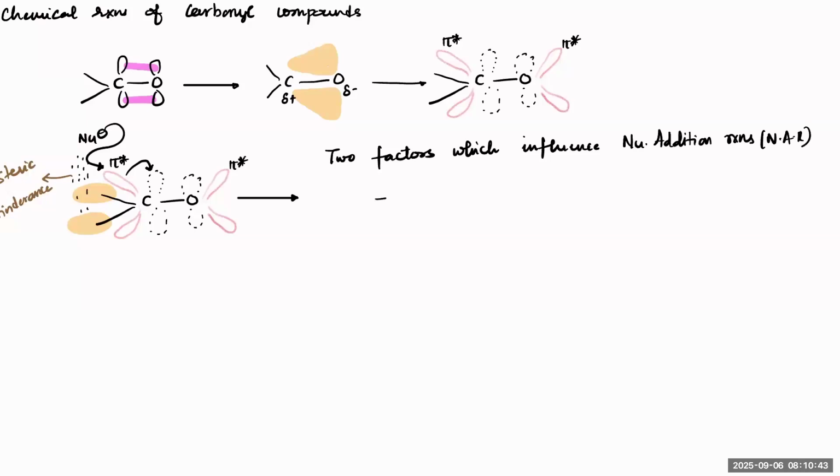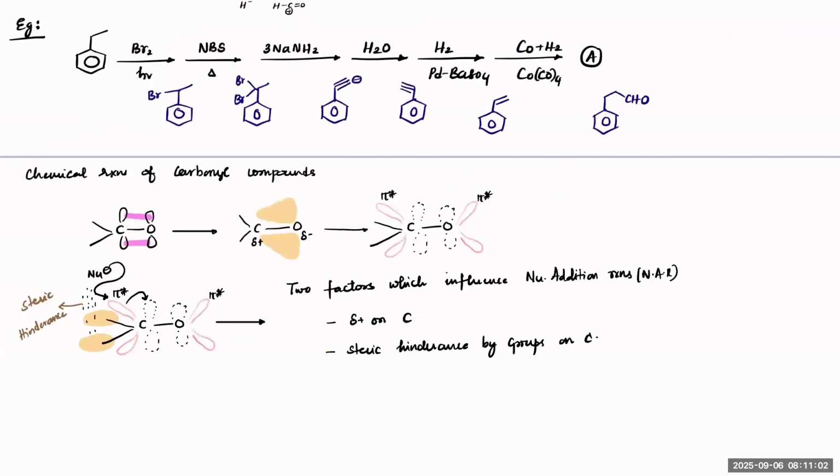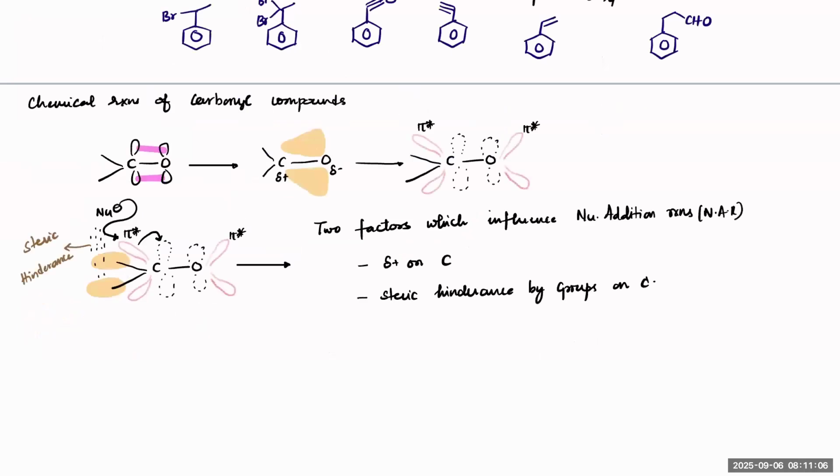They include the delta positive charge on carbon and steric hindrance by groups on carbon. These are the two factors which will strongly influence. Is this clear, beta? Yes, sir.